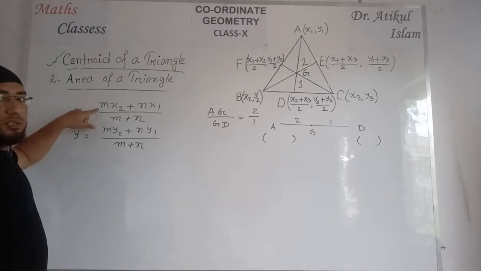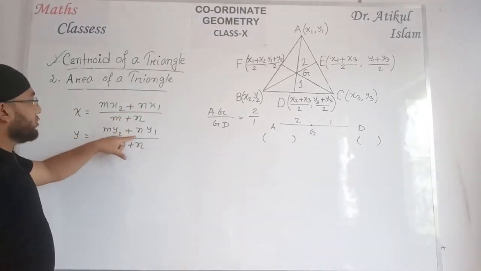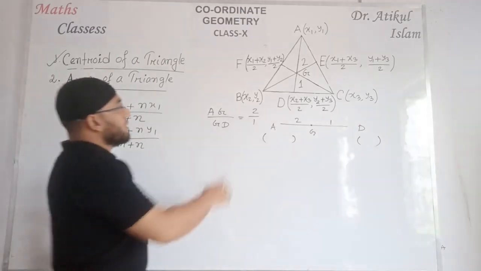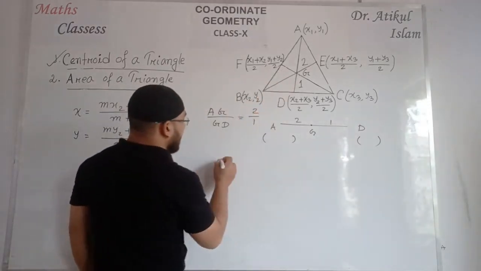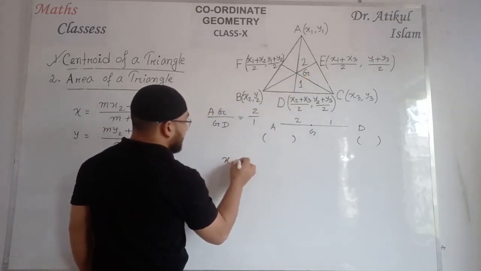Your x is (m x2 plus n x1) by (m plus n), and y is (m y2 plus n y1) by (m plus n). So apply this formula here. You get the coordinates of G, that is the centroid.